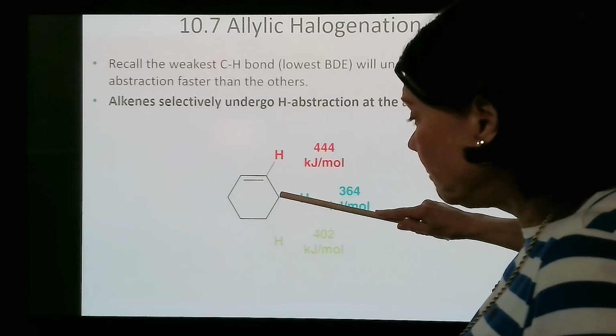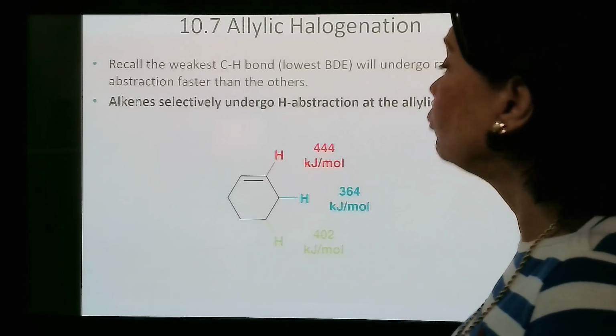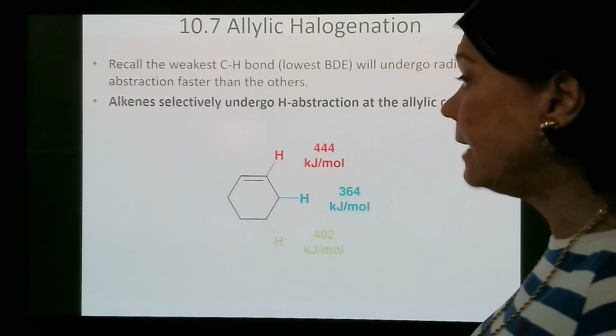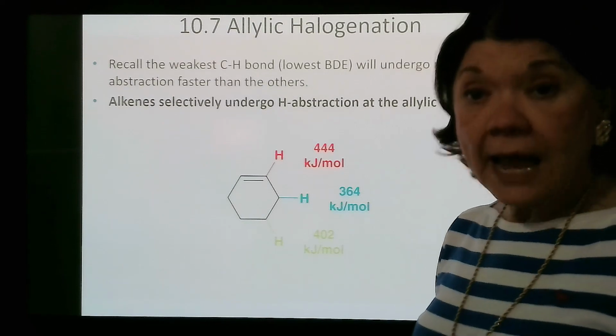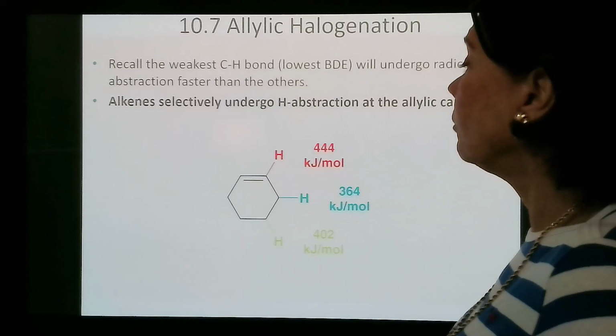So this gives the most stable radical, which is the allyl radical. And so that's what we're going to look at now. Will be reactions that go through that allylic radical.